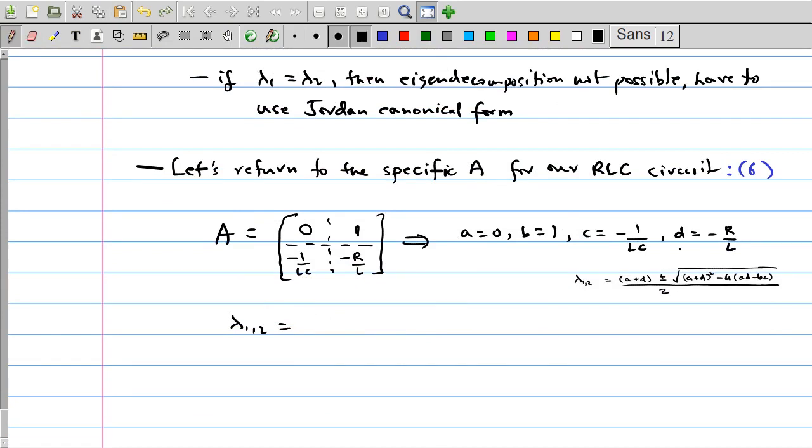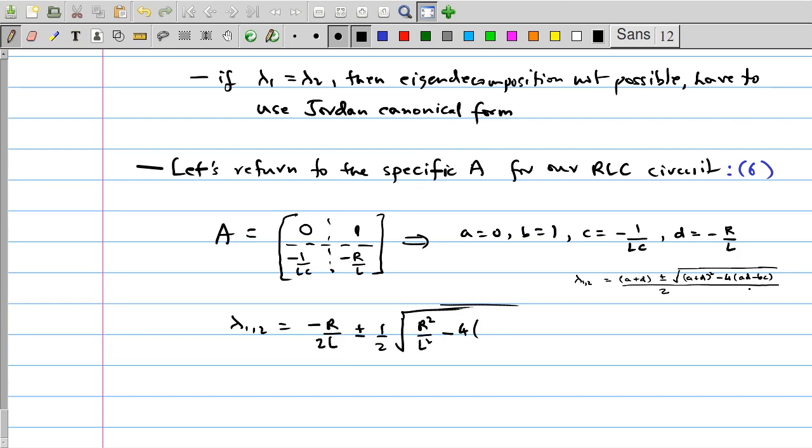What is a plus d? It's minus r over l, right? Minus r over l plus minus, over L. I'll put the 2 over here because I don't want to have to divide it. So plus minus half square root of a plus d whole squared. A plus d whole squared is r squared over l squared, right? Yep. R squared over l squared minus 4 times A times d, which is 0, mercifully.